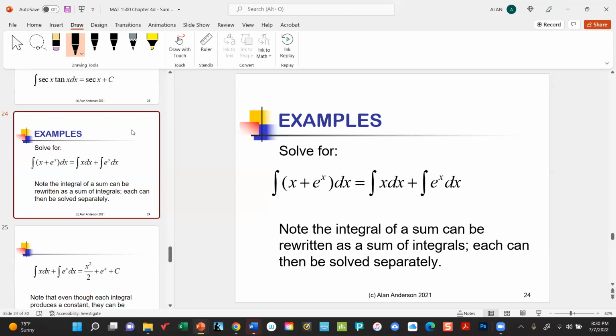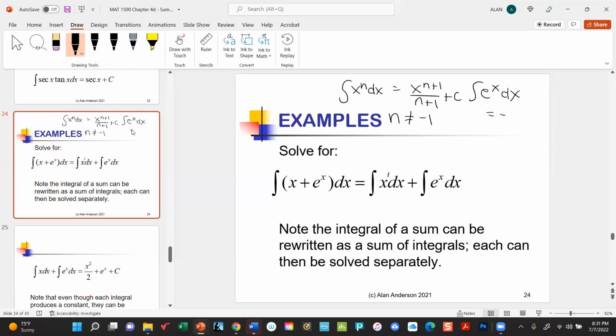Now, remember here is one of our favorite rules. And just remember that there's an implied one here. So remember, this one only fails to work at negative 1. So we're good. And over here, we just saw this a little while ago: the integral of e to the x is just e to the x plus c.